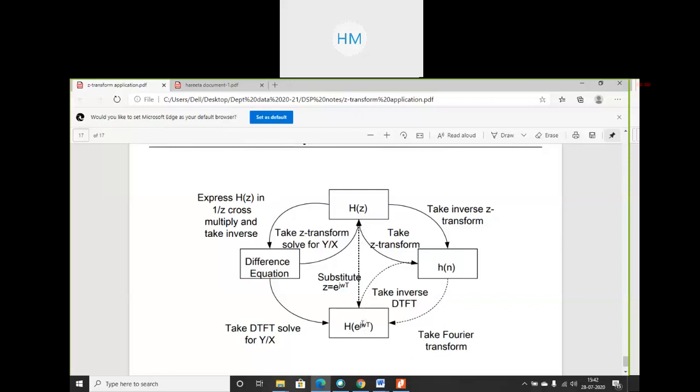These two parallel systems, H of z and H of e to the power j omega t, can be found just by substituting z equal to e to the power j omega t. This shows the whole relationship and how all are related with each other. Clear? So now we will start with some more numericals on the frequency response of LTI systems.